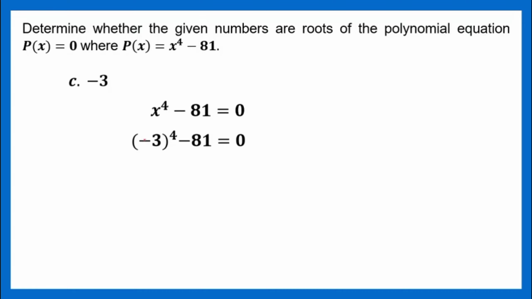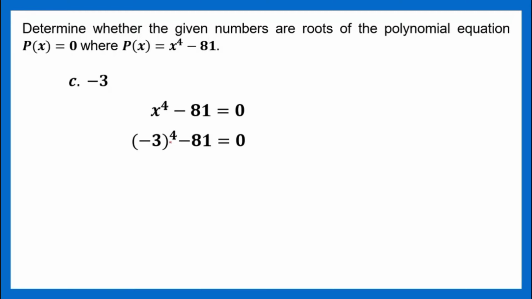Kapag negative yung loob, tapos naka-raise sa isang exponent, kapag odd number, ibig sabihin 1, 3, 5, 7, 9, 11, and so on, kailangan negative yung sagot. And kapag even number ang exponent, kailangan positive yung sagot.